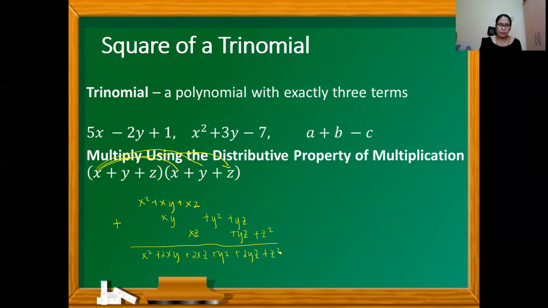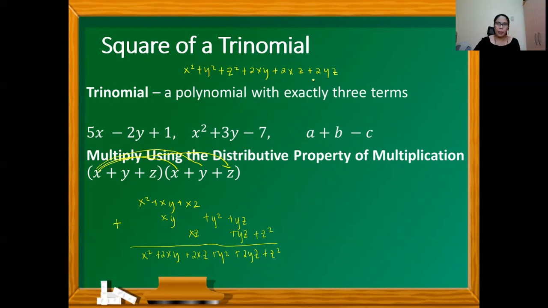Now, if we're going to arrange each of these terms in descending order, the terms of degree 2, or expressions with the exponent 2, will be the first terms, followed by the remaining three terms. So we have x squared plus y squared plus z squared plus 2xy plus 2xz, and then plus 2yz.